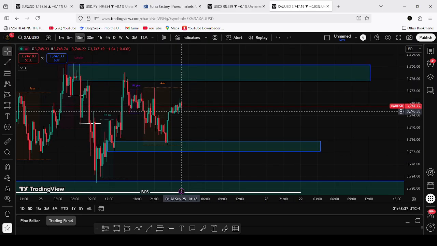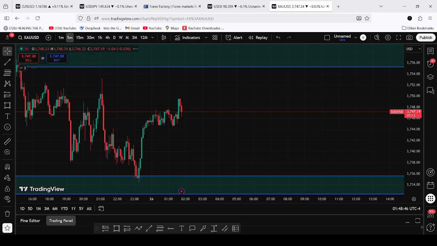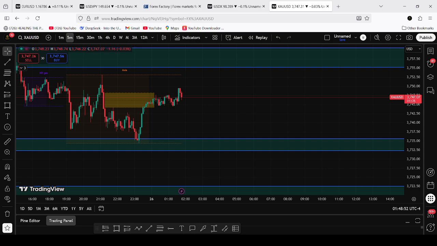You might also look at it in the lower time frame, for you to be able to have more information about this market, and to know where there is a high probability fair value gap, and to be sure this is a fair value gap for sell.